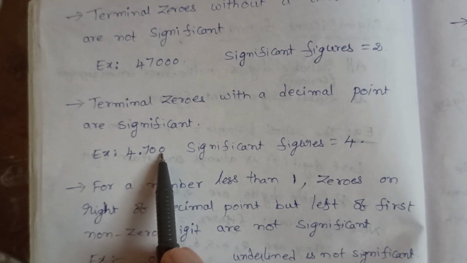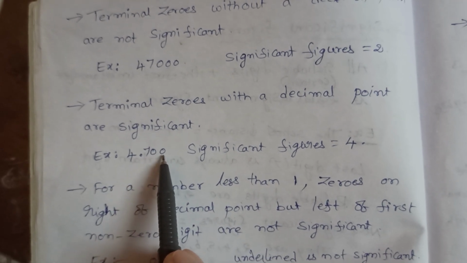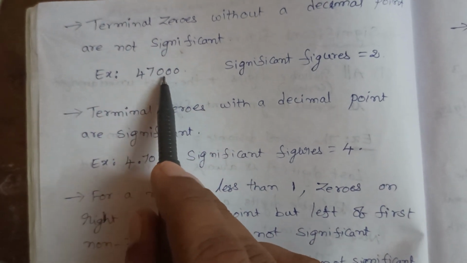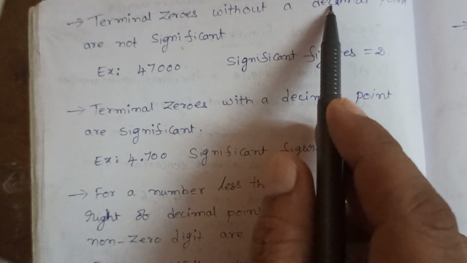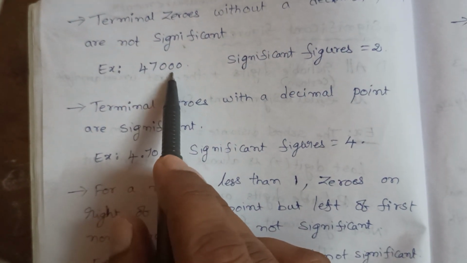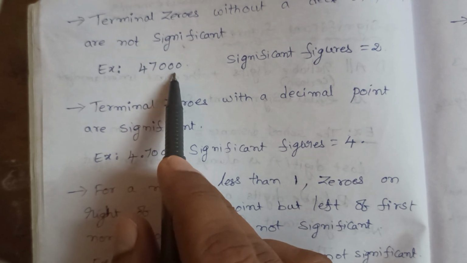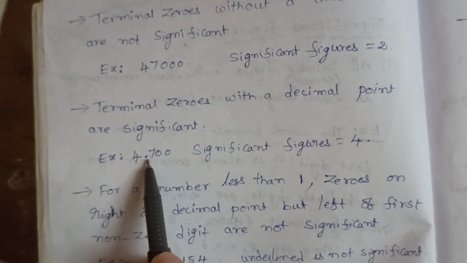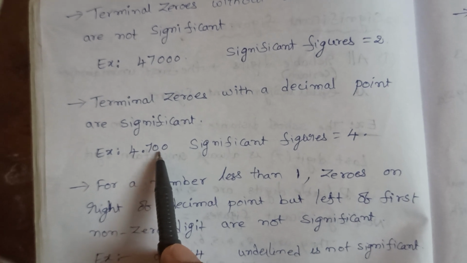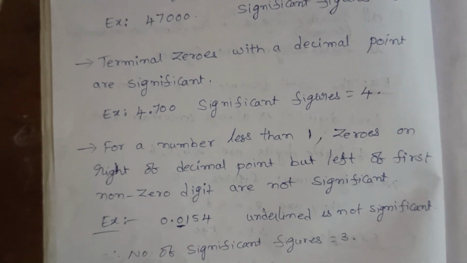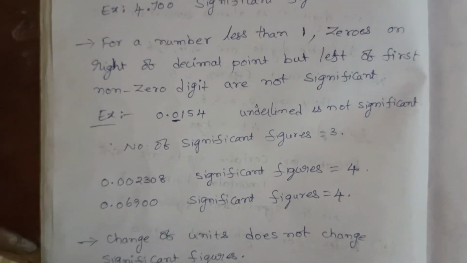Here in the earlier example these zeros are not considered because there is no decimal point. But here a decimal point is there, so the terminal zeros are also considered while counting the significant figures.